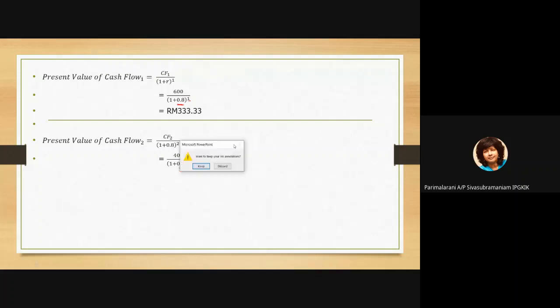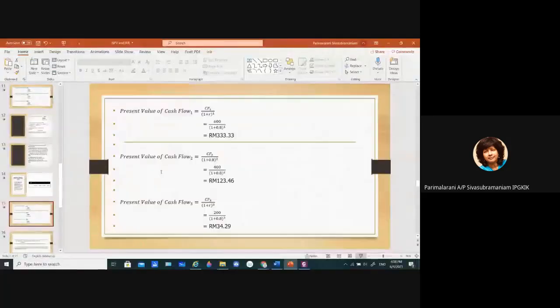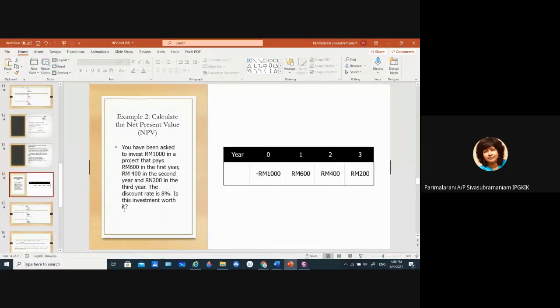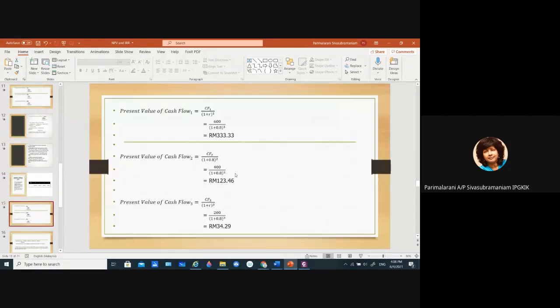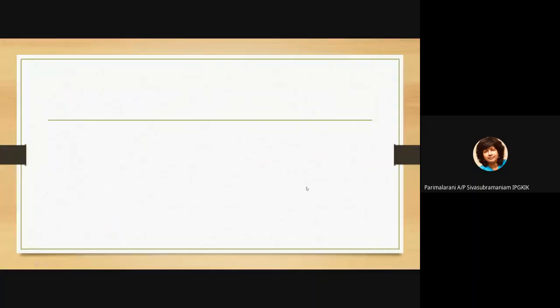Wait, let me go back and see this one. Okay, I made a mistake in the calculation, okay? So my calculation is a little bit out already, okay? So never mind, we'll just overlook that for a while for the sake of just learning the method.